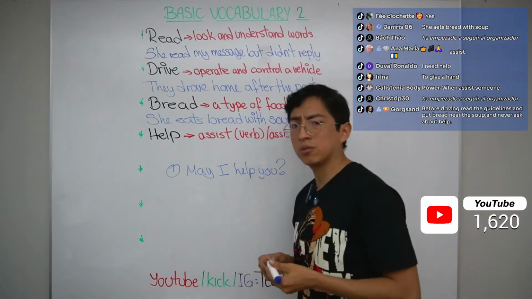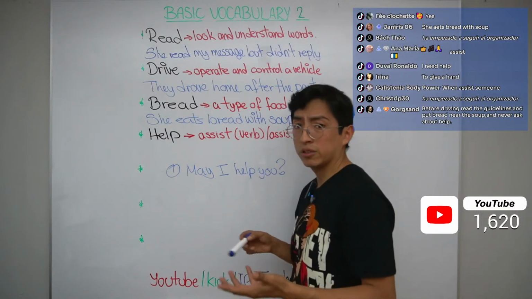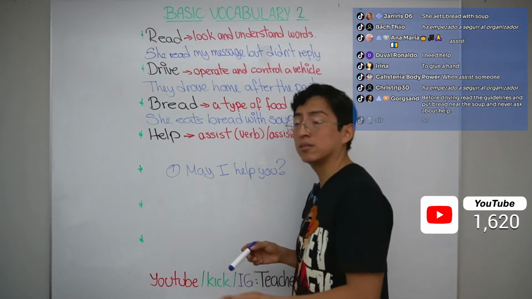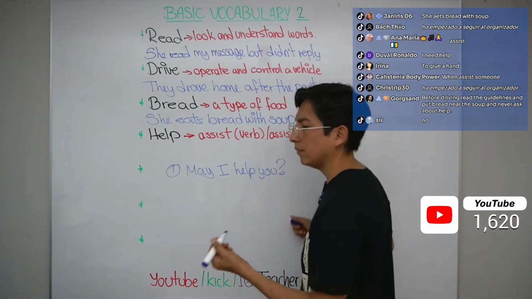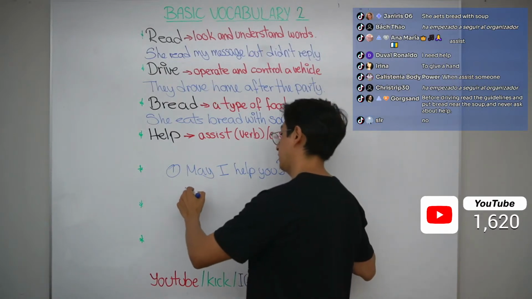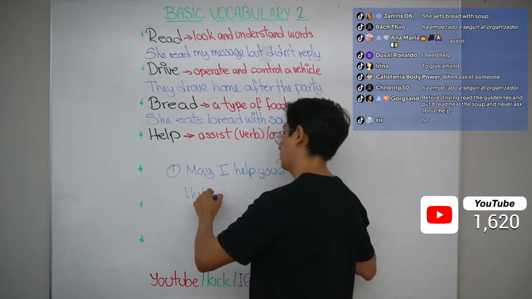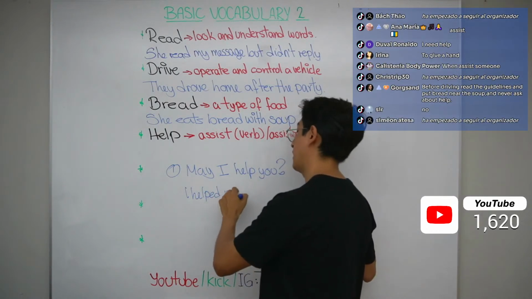May I help you? Or can I help you? Is there anything you want to buy? No? May I help you? Yep, remember that. This is the first one. Okay, the second one. I helped, simple past. I helped my mom.